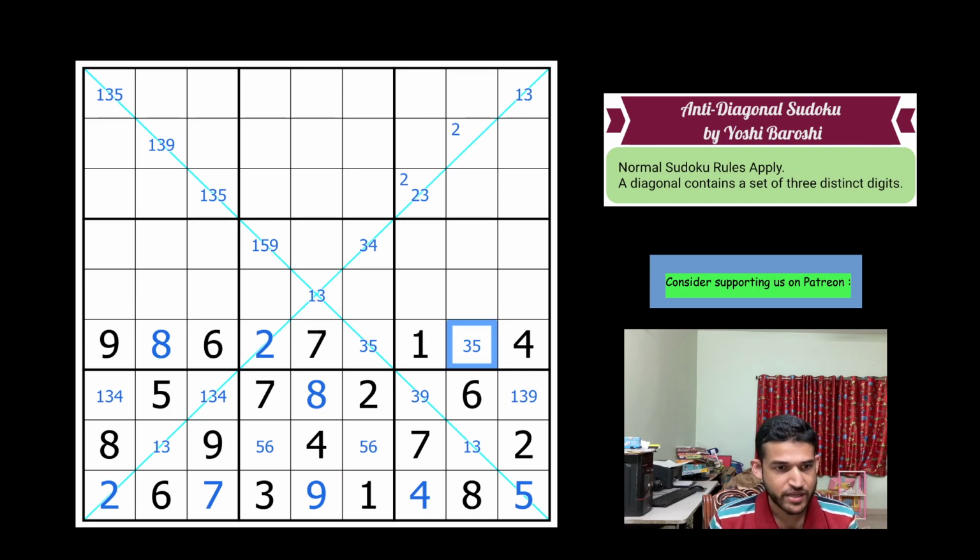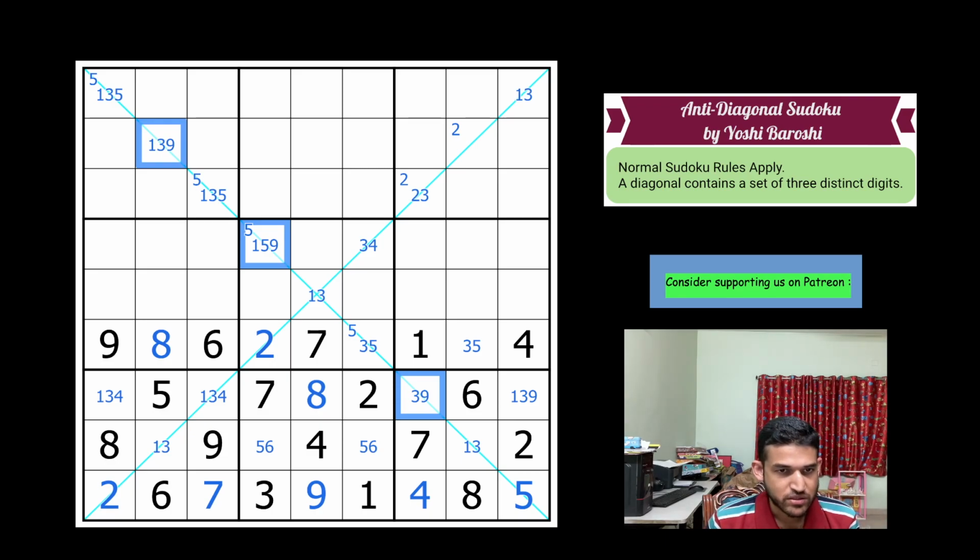I know that the 5 must be in either of these cells, and similarly 5 must be in either of these cells. Okay, it's slightly tricky here, but I'm sure it should not be that hard. So a 9 here forces a 9 here and a 9 here. Okay, that seems about okay.